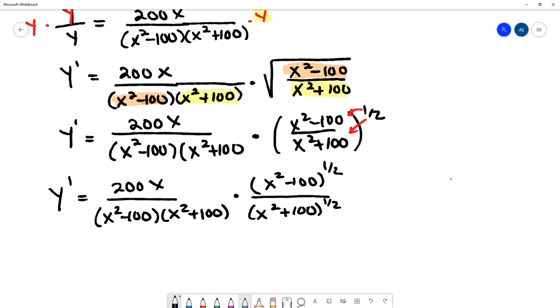Now, the first one we'll look at here has one base in the numerator and one base in the denominator. So we're going to use a property of exponents called the quotient rule for exponents.